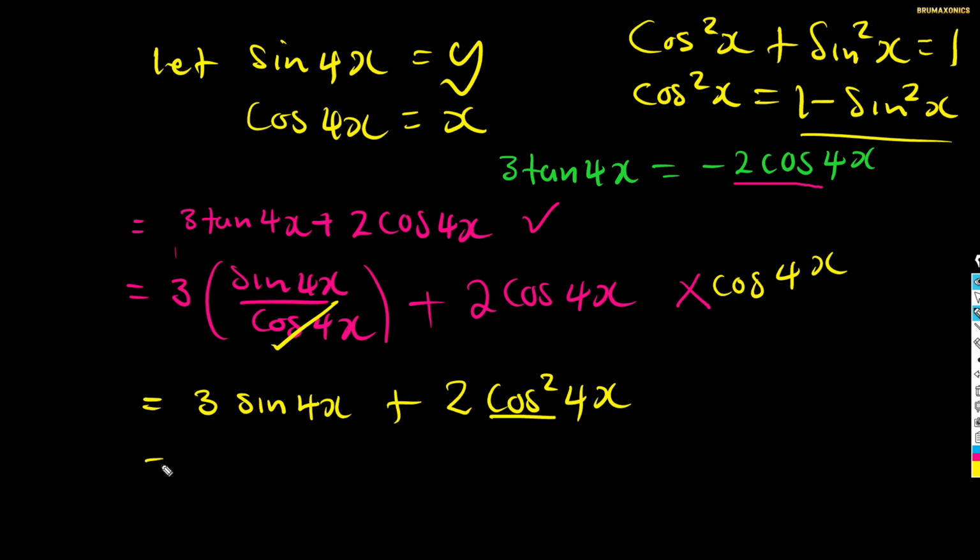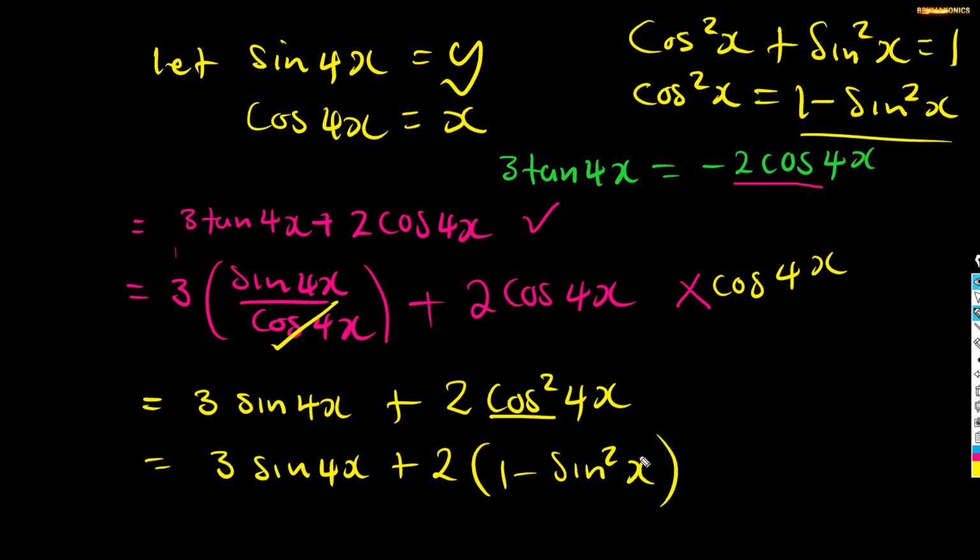So this means that we can say equals to 3 sine 4x and then plus 2 into 1 minus sine squared x, right? Now, minus this with the 4x, right? So now we can see that we are in the right direction.